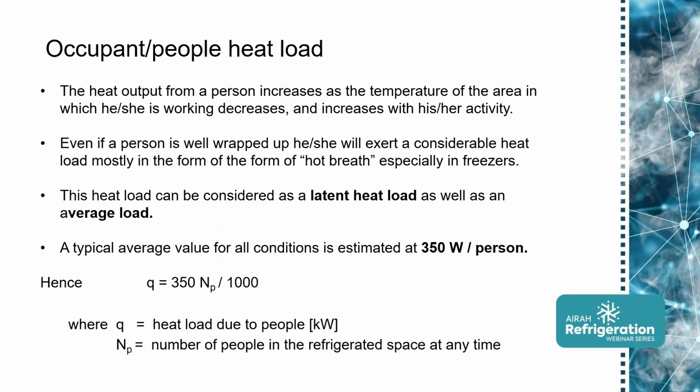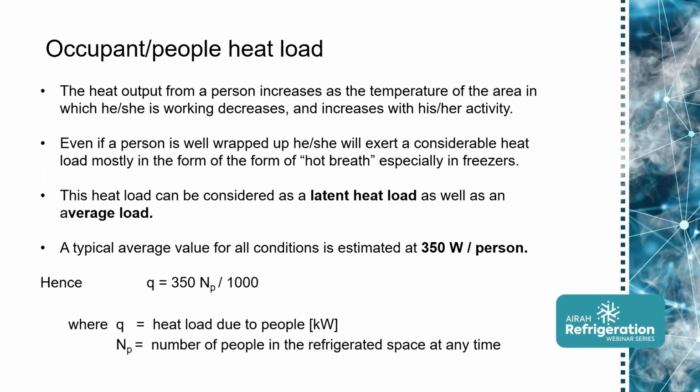Now, the third type of load imposed on the evaporator will be the heat output of people working in a room. And this heat output will increase if the temperature is lower. And it is also dependent on the activity of the person in the room as well. So the more active, the more heat output from the person.